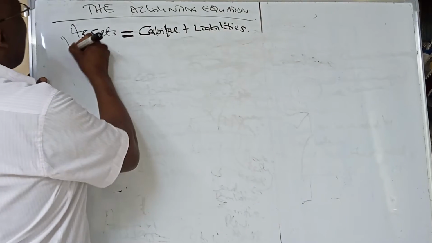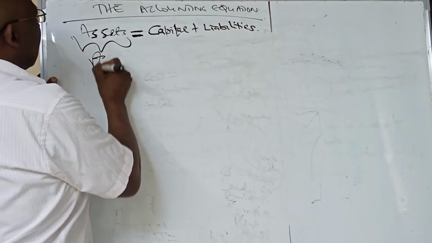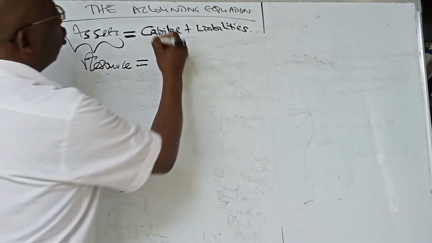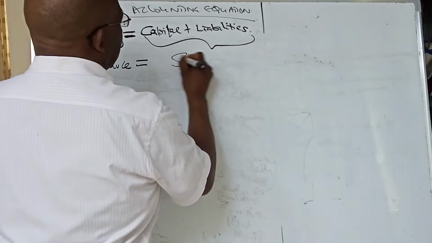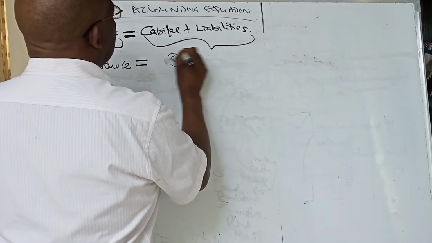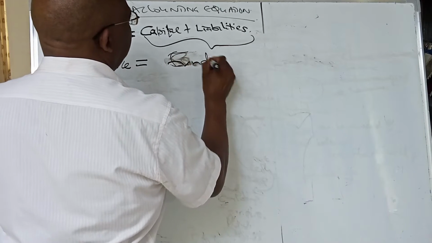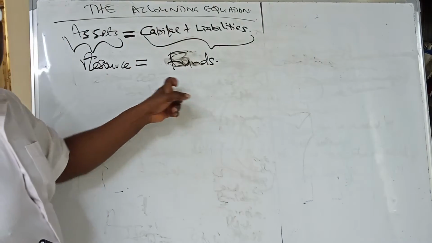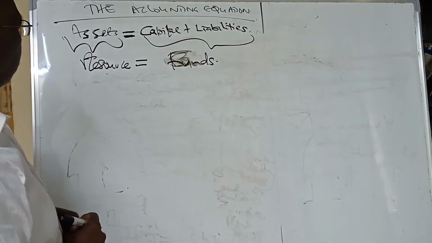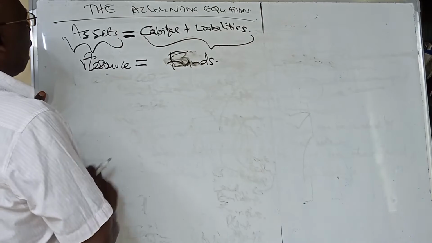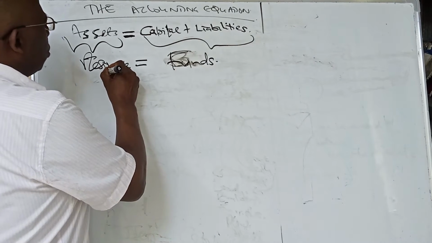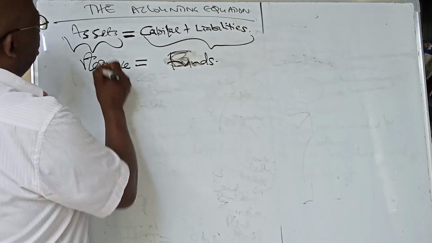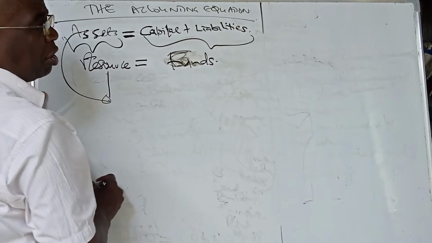So assets are resources, and they are always equal to the sources of funds. Assets will always be equal to the funds that you have. And therefore, we say that we have two different categories of assets.